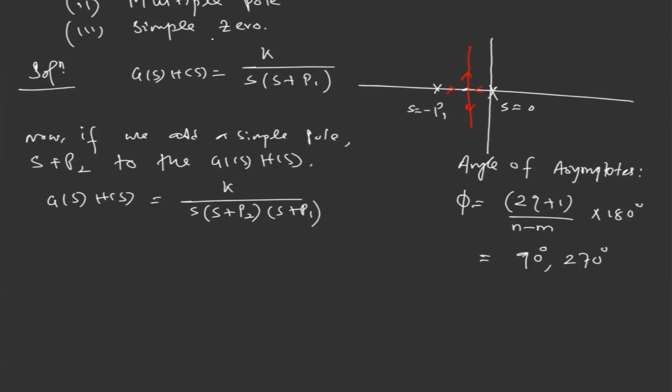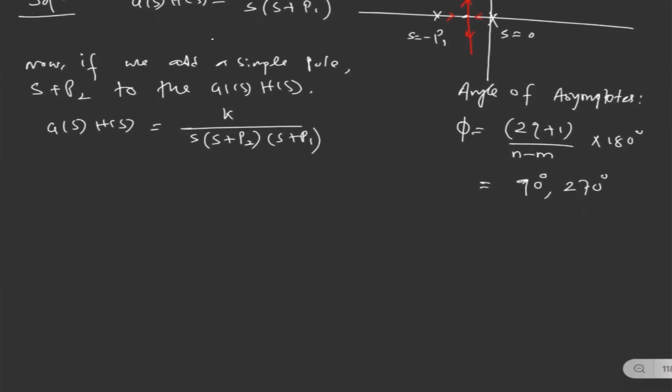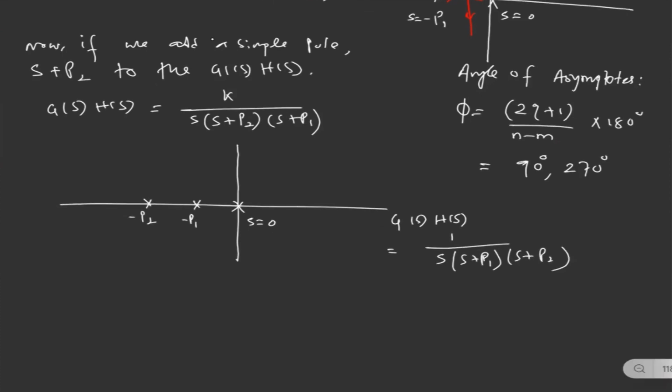If you plot these poles in the s-plane, we have one pole at the origin, and the other poles at minus p1 and minus p2. This is the location of the poles of the transfer function 1 by s into (s plus p1)(s plus p2).